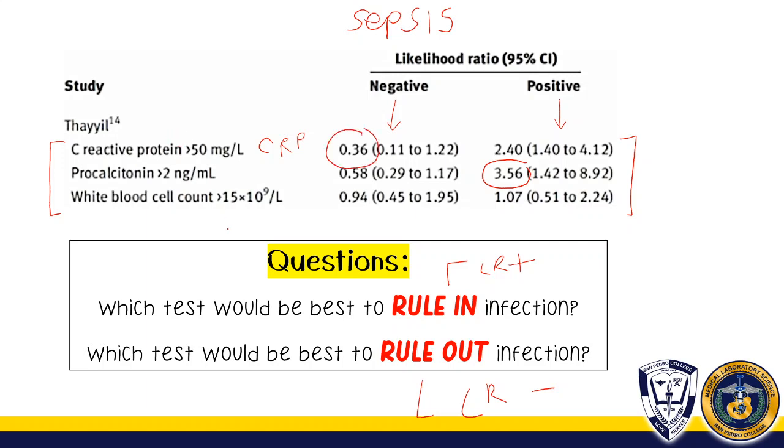Si CRP, which having a likelihood ratio negative of 0.36. Compare it with the other two, 0.58, 0.94. So, meaning, kung gusto ta mag-rule out of infection, it would be best to use CRP. So, mao na siyang ginamit sa rule in and rule out diri sa inyong likelihood ratio. Okay?